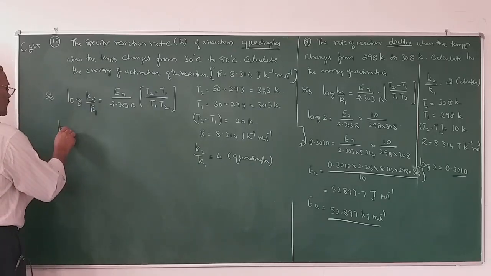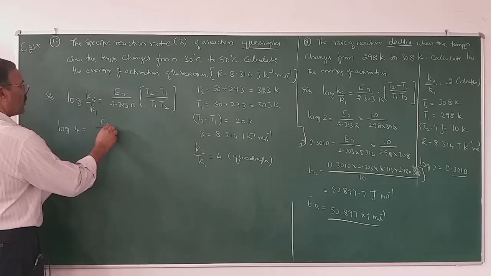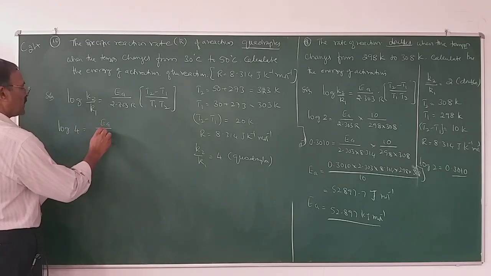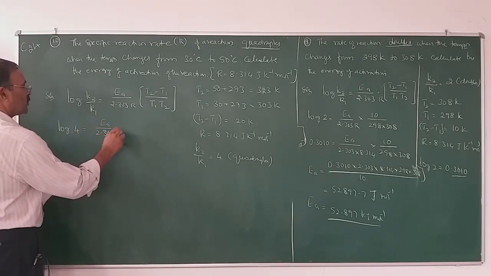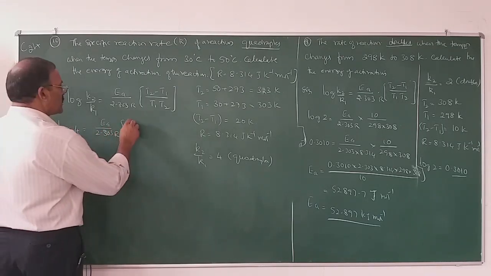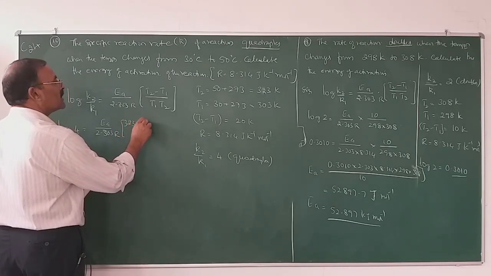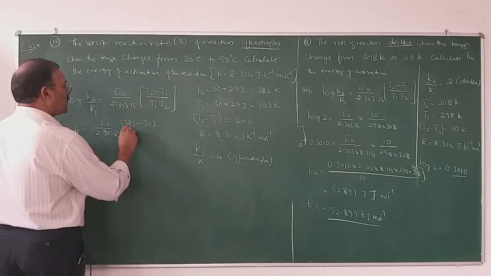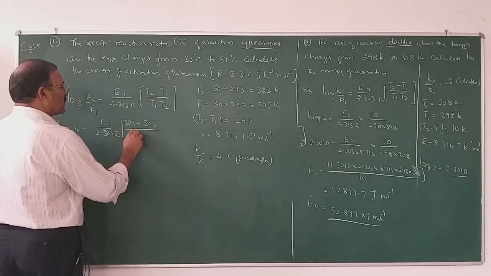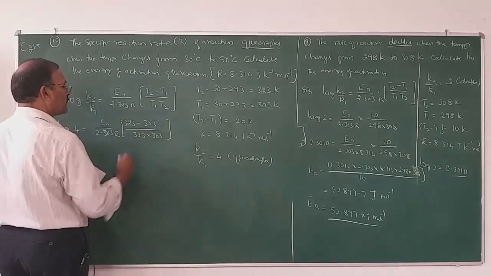So logarithm of 4 equals EA over 2.303 into R into 323 minus 303 divided by 323 into 303.